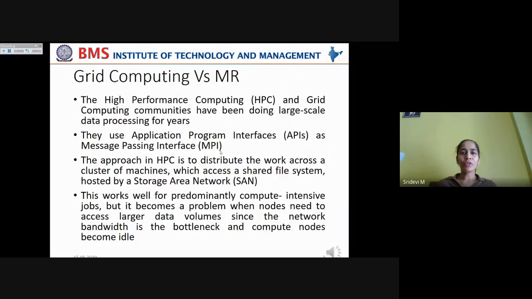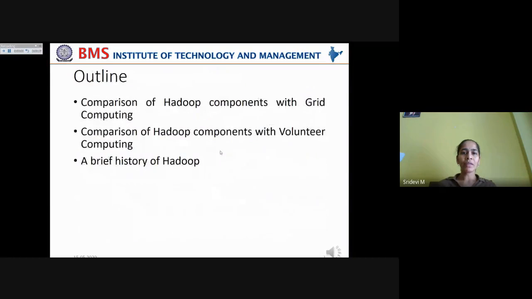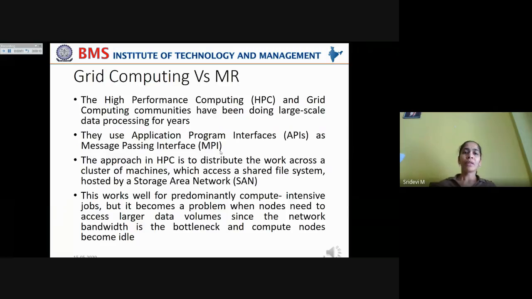Okay, in this module, third lecture, we have covered topics on grid computing, and we compared it with the Hadoop components and even volunteer computing also. Now, grid computing, which is also called high performance computing, has been doing large scale data processing for years.